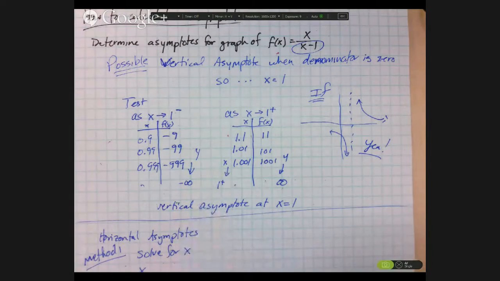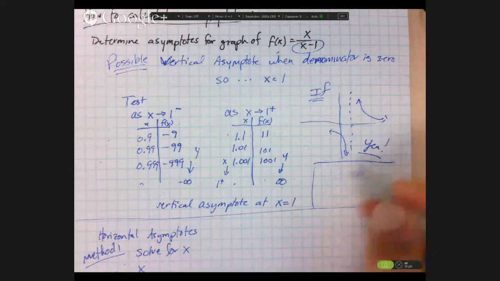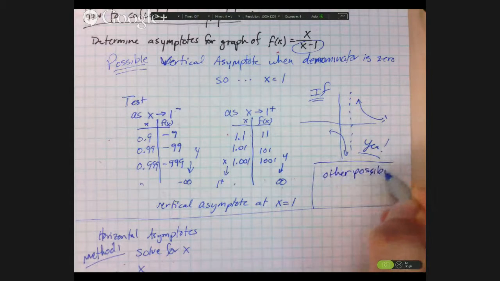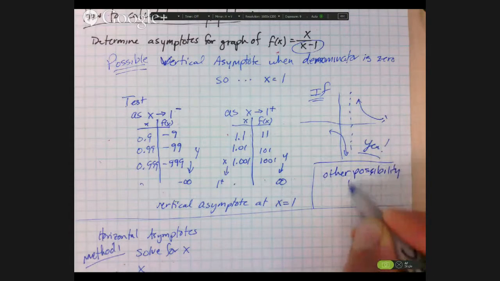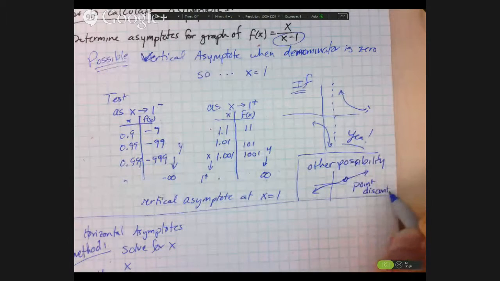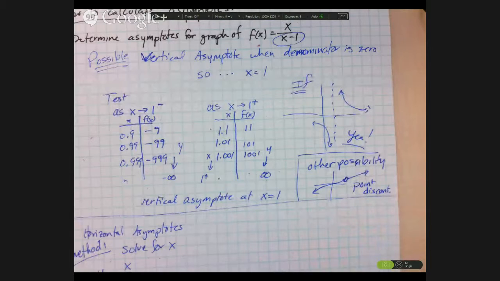Okay, so the other possibility is a point discontinuity. That's the other possibility. Is there a vertical asymptote there?